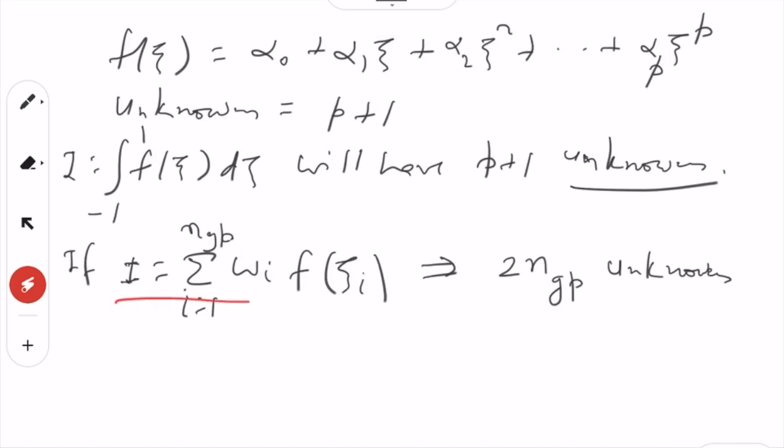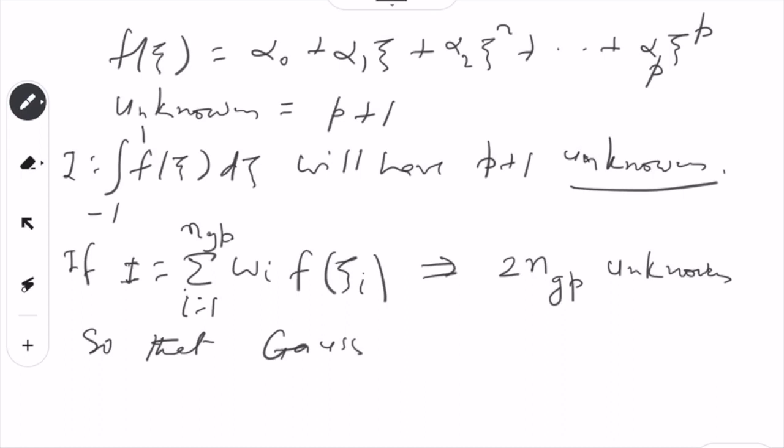If you are doing the integration using the Gauss quadrature formula, then you know that there are 2 times NGP variables. So that we may match them, this and this, so that Gauss quadrature gives exact integration.